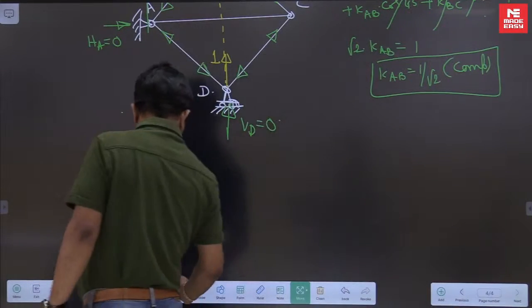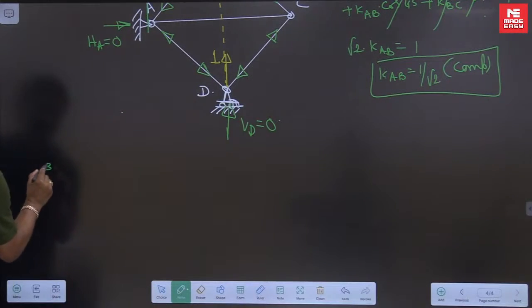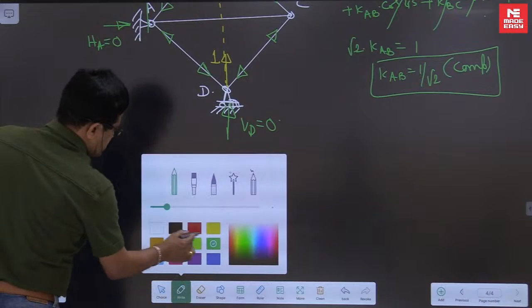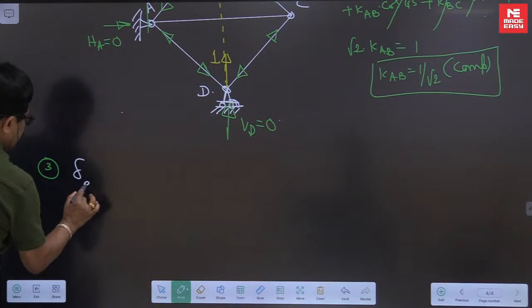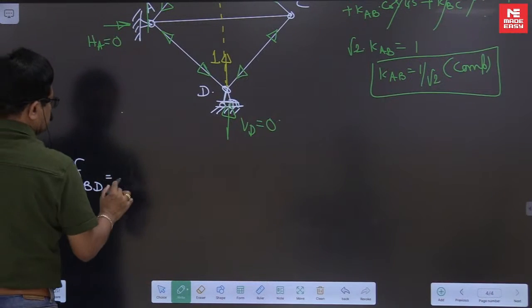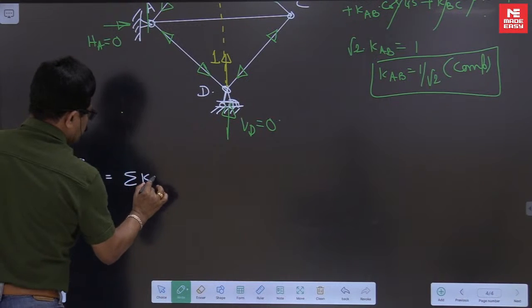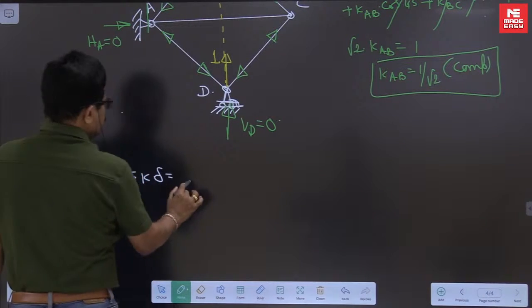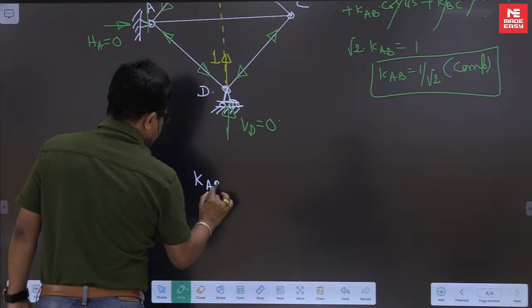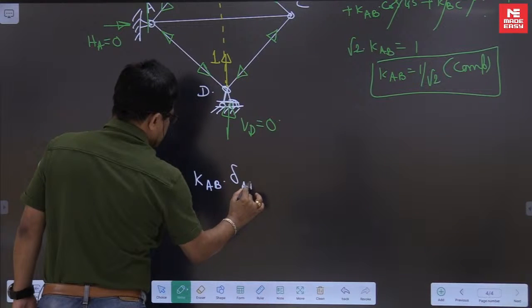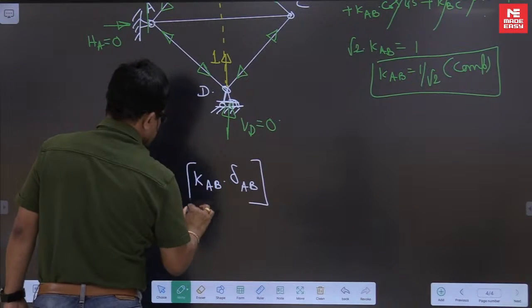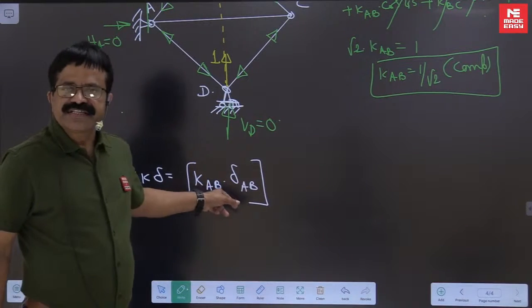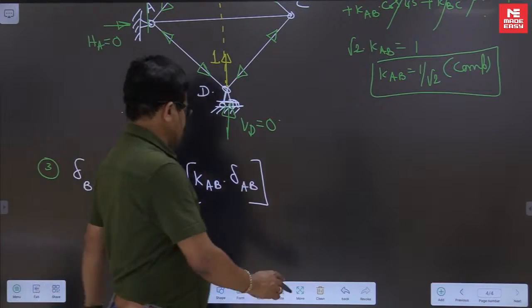Your next point is the relative displacement of joints B and D. Summation of K into delta. Any one member you take, KAB into delta AB, because K values are same everywhere.